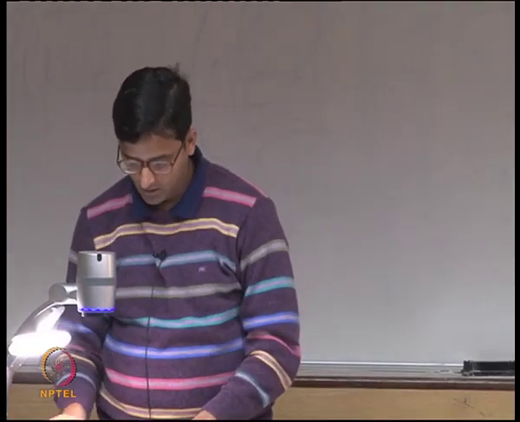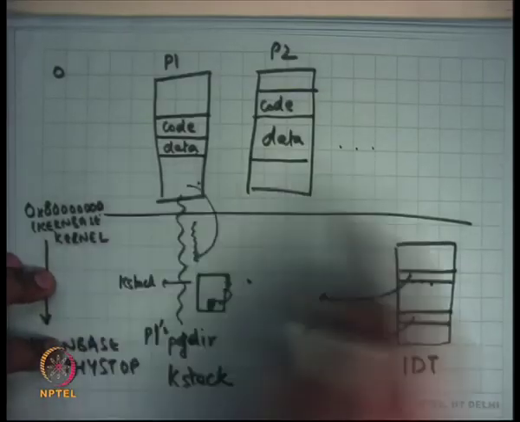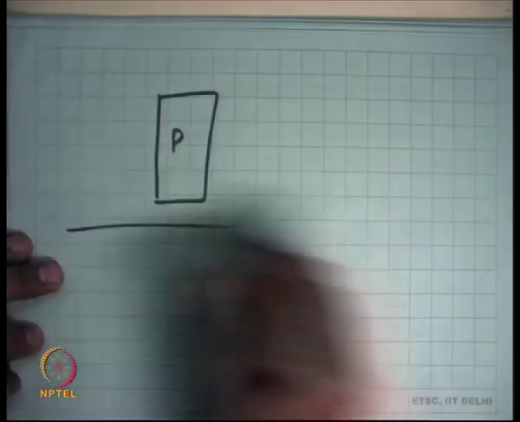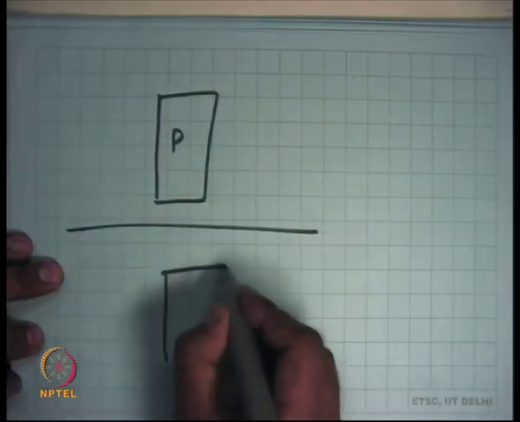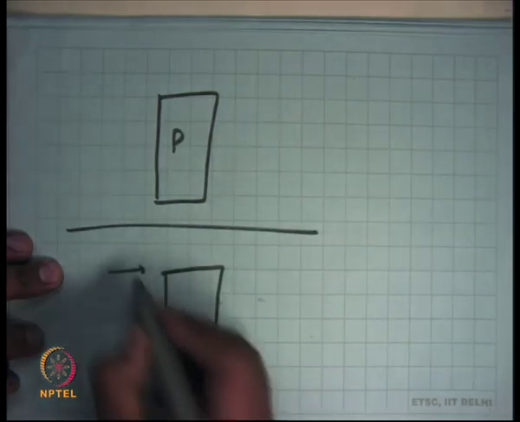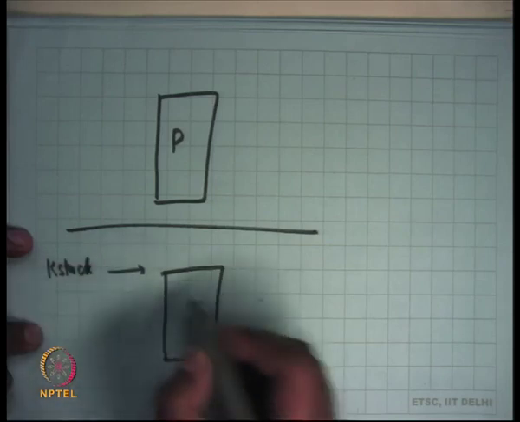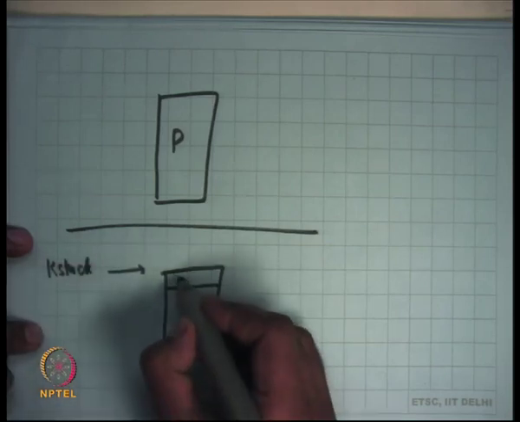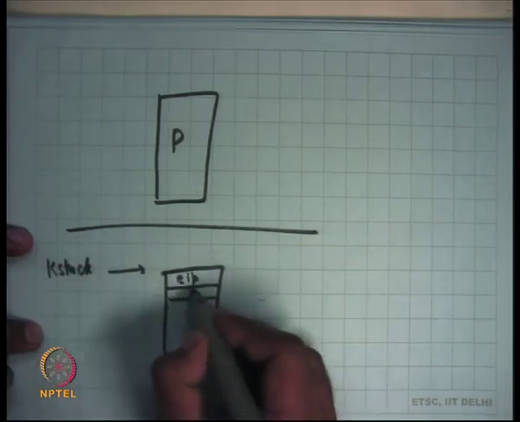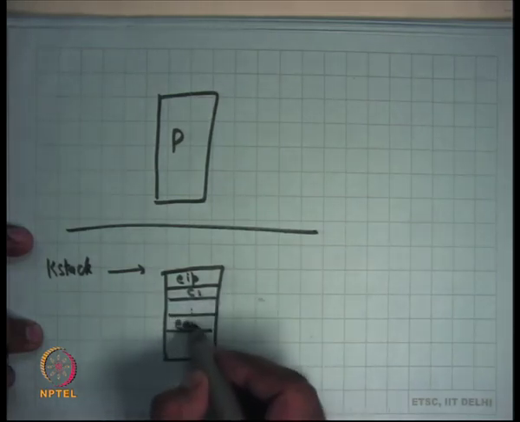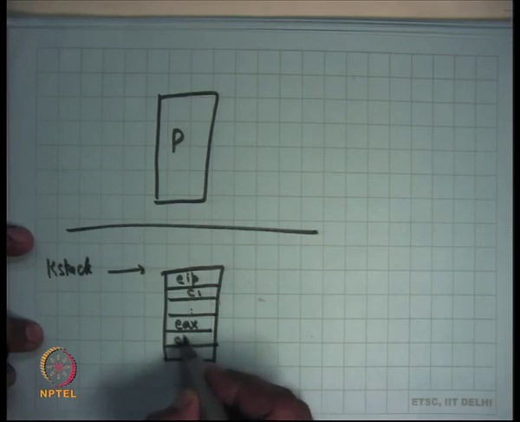Okay, all right. So this structure, let's say this is a process P. When it executes here, it starts at the K stack. It saves EIP, CS, and so on, and it also saves other registers like EAX in software, EBX, and so on.